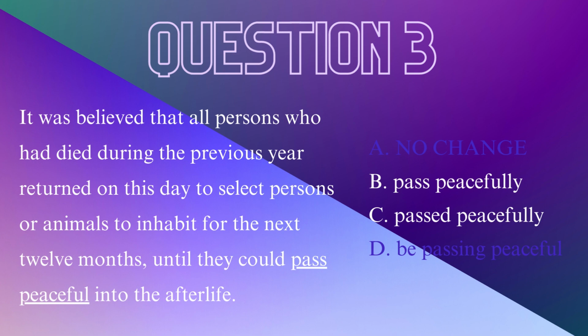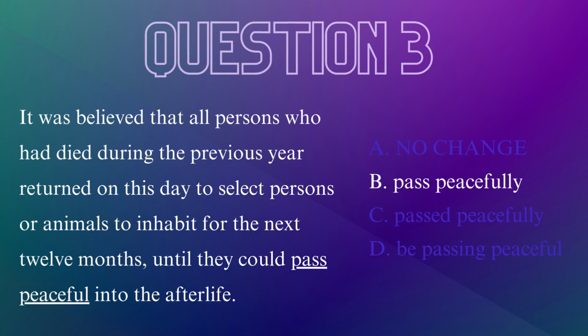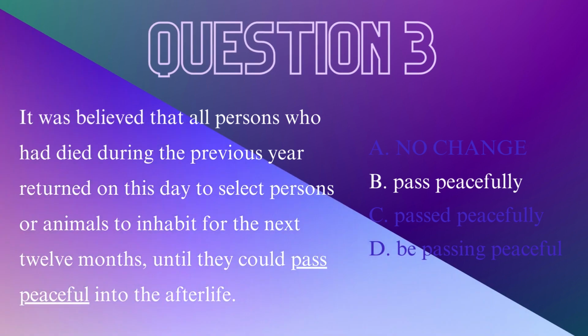And in C, passed, ed, until they could pass peacefully, or until they could passed peacefully. Okay, listen to that. The correct answer is B, until they could pass peacefully into the afterlife.